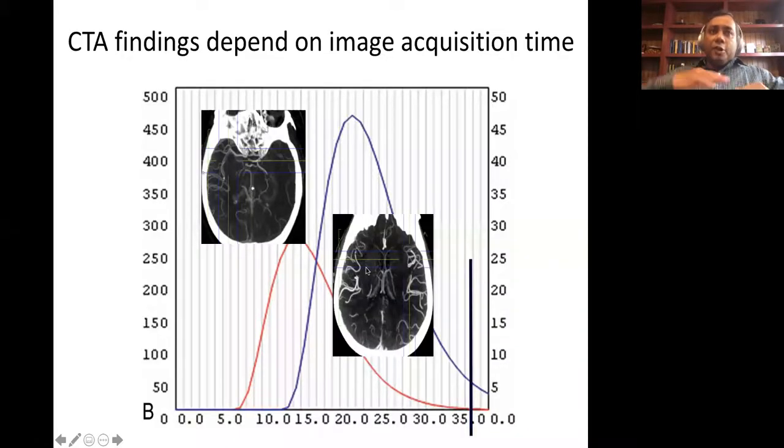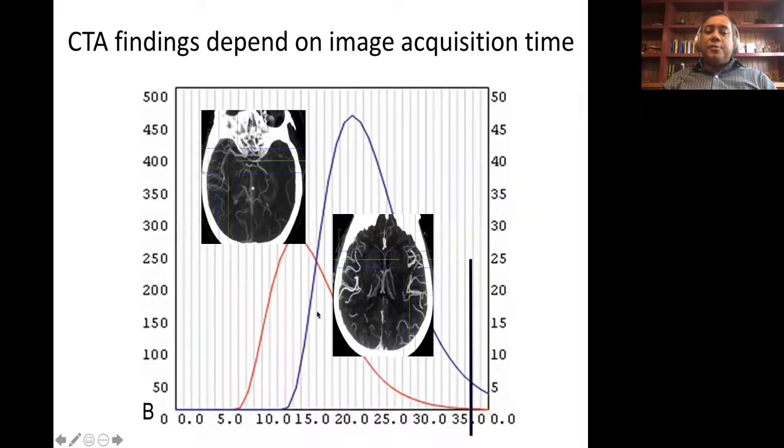However, when you do what is known as a single phase CT angiogram, which is where you acquire from the neck up to the head, the imaging can actually vary depending on the timing of the acquisition. So if you have a fast scanner and your tech injects the bolus a little bit on the slower side, then you might actually acquire images early, and you may not see the vessels as well, as you can see here.